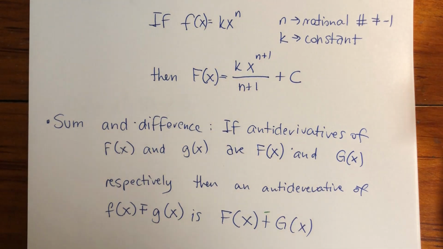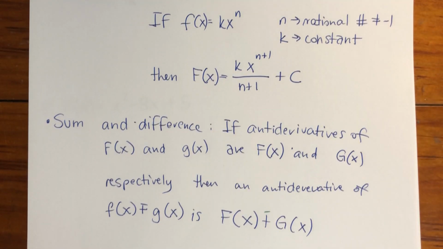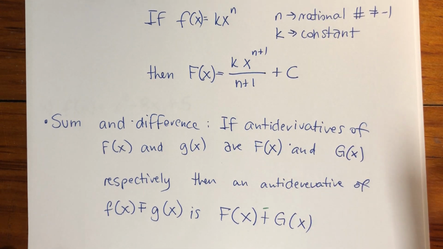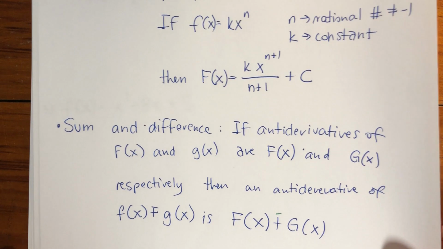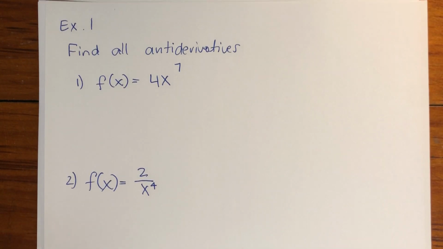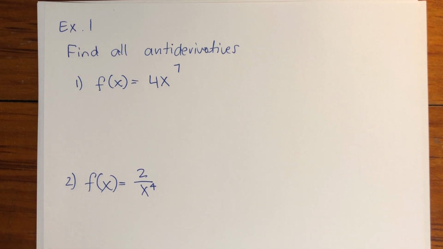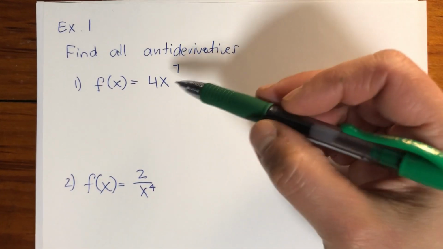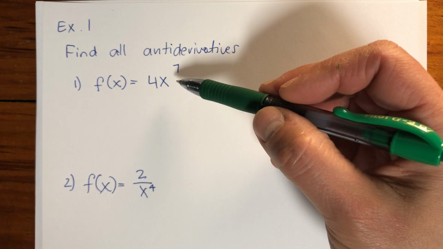Again, when you first look at those definitions, they may look a little bit tricky. However, when you apply them, you decide, well, that wasn't that bad. So again, copy the notes, and I am going to be looking at those formulas while working on the examples that I will give you. So here we go. The first one is f of x is equal to 4x to the power of 7.